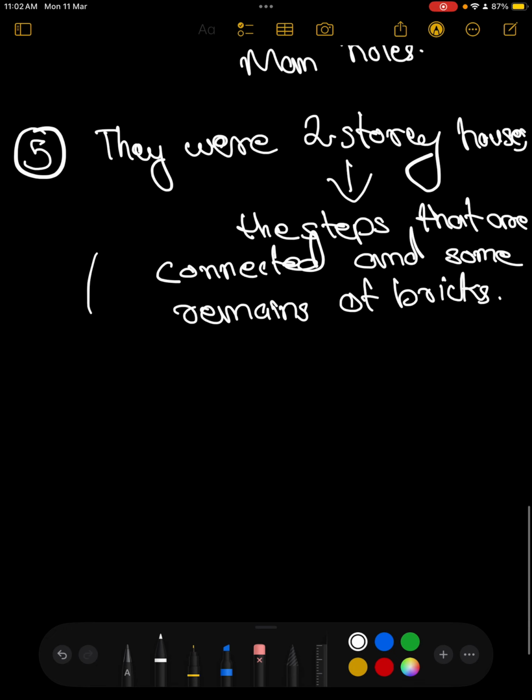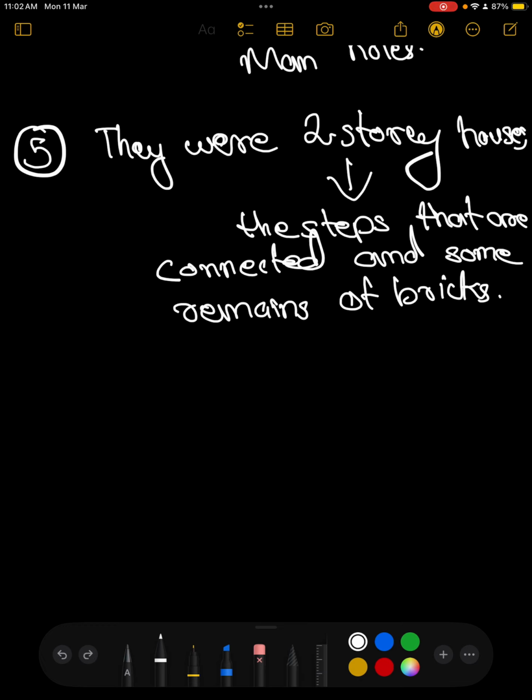So there is a possibility that 2-story houses were constructed because there were stairs connected to the roof.